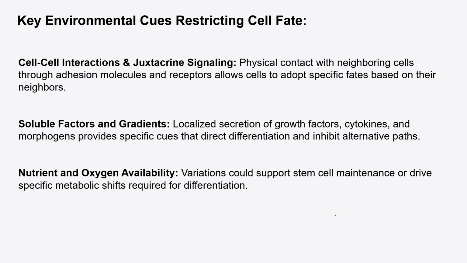The fifth one is soluble factors. We know that a lot of cytokines are secreted upon cell-to-cell interaction. We have looked into exosomes coming from one cell to another and communicating in a different way. We have some idea about a few of the cytokines, and we are largely trying to understand how these cytokines can regulate cellular fate.